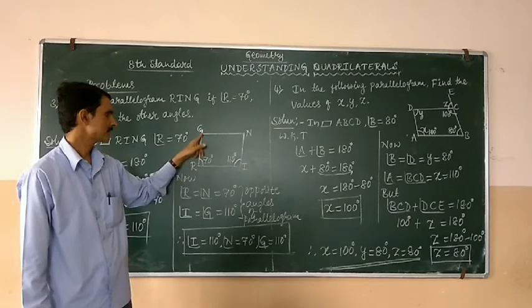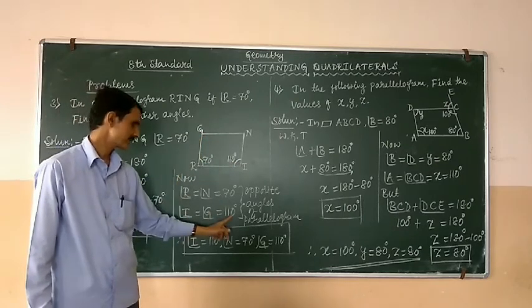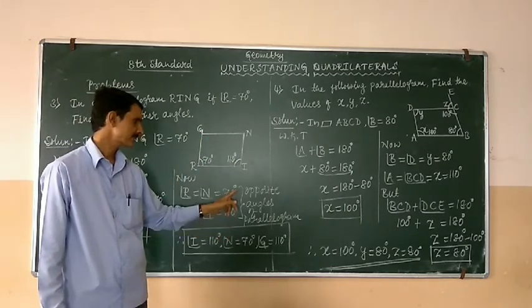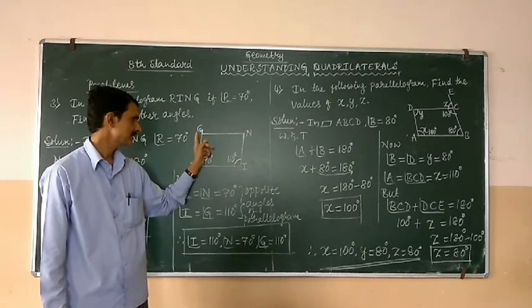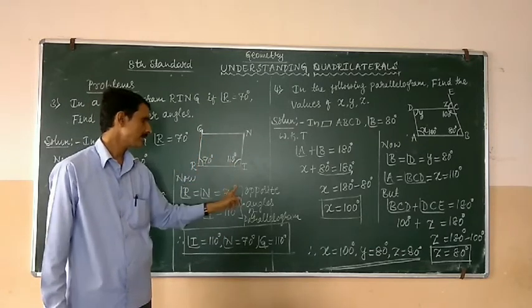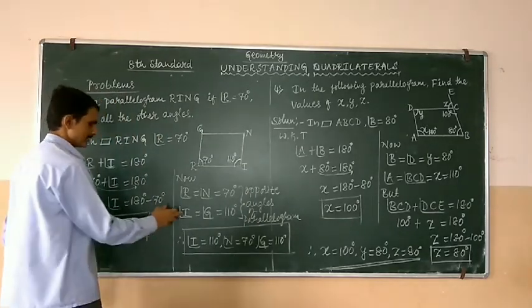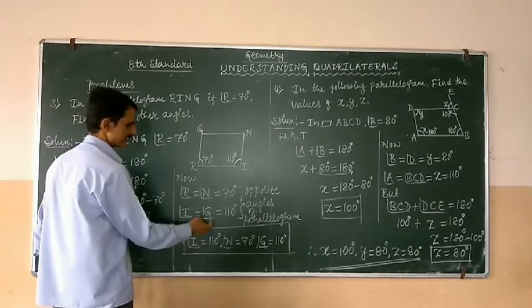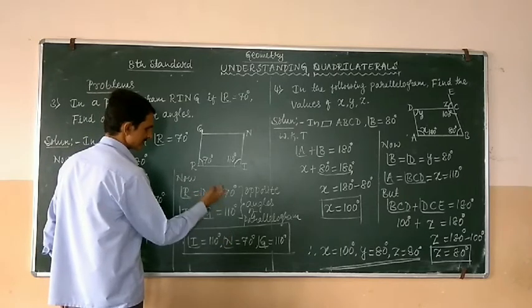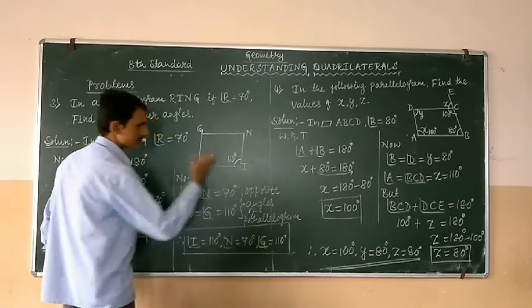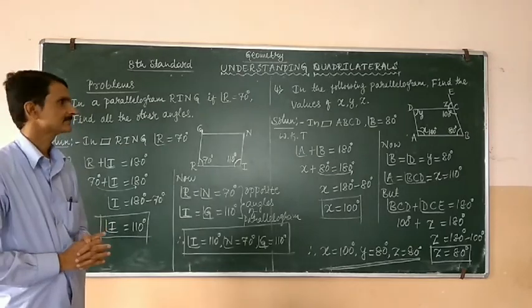Similarly, angle I equals angle G, which is equal to 110 degrees, because these two are the opposite angles of a parallelogram. Therefore, angle I equals 110 degrees, angle N equals 70 degrees, and angle G equals 110 degrees.